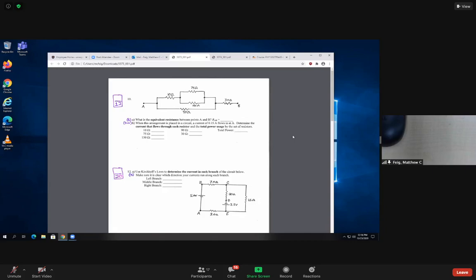And then on magnetism, there will definitely be at least one question or part of a question about finding the magnetic field at a certain location due to some source charges, source currents, sources of magnetic field. So B equals equations. The main ones we had were the magnetic field of a long straight wire, the magnetic field inside a solenoid, and the magnetic field along the axis of a circular current loop.